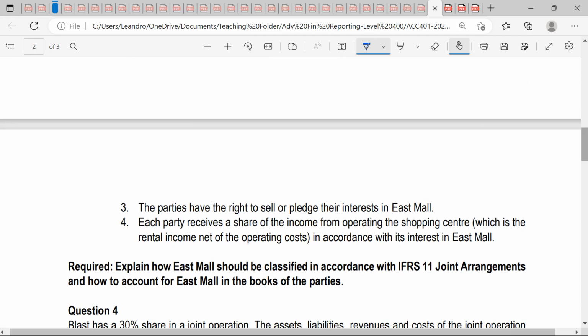It means they can offload it to another person or use it for something because you only have shares in the separate entity. All right. Each party receives a share. So they do everything and you only take part of the profit according to your shareholdings. And so you can conclude at this point that this is a JV, a joint venture, because Dromo and Shida are only interested in the net assets.